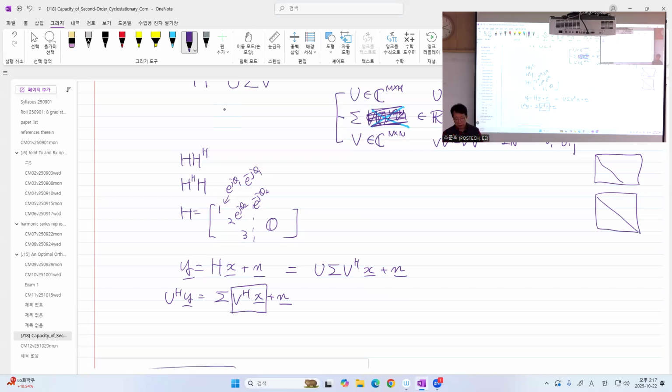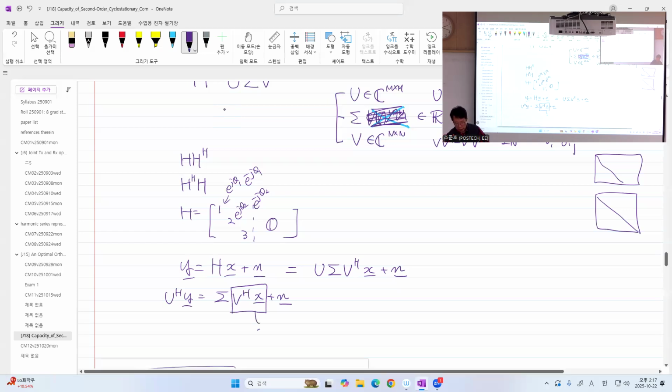What does that mean in the statistical sense? When X is zero mean, some variance, and IID, then you have this X tilde is also zero mean IID Gaussian.